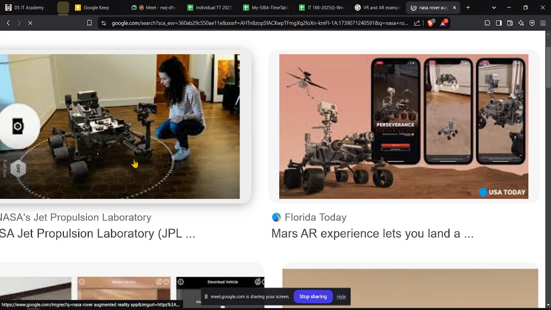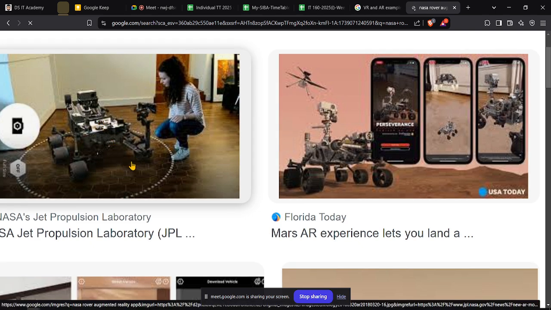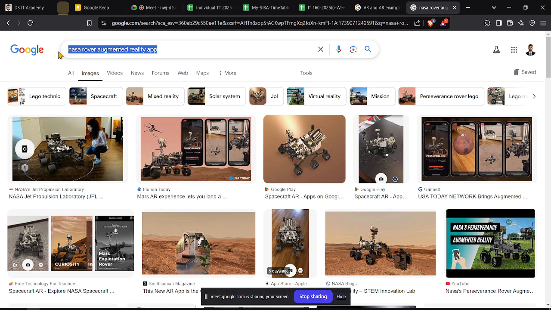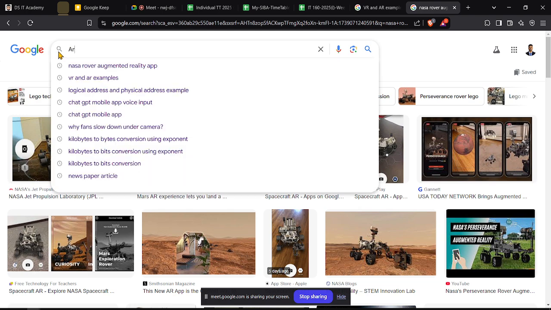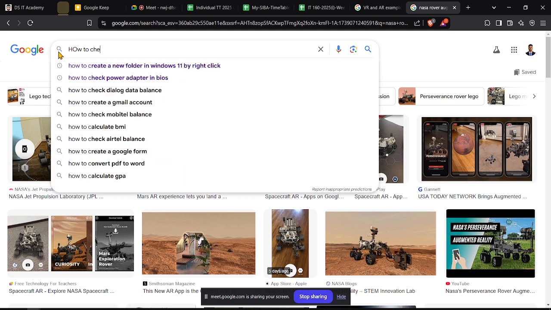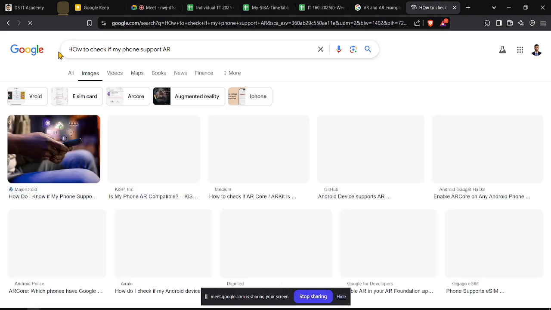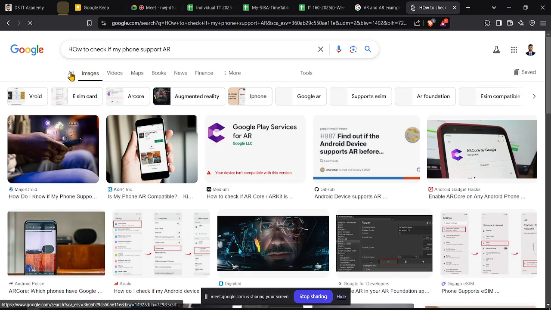When you point the phone and place this object, you can go nearby and see how it works and how it looks, right? You can download it and use it, but your phone should be AR supported, right?